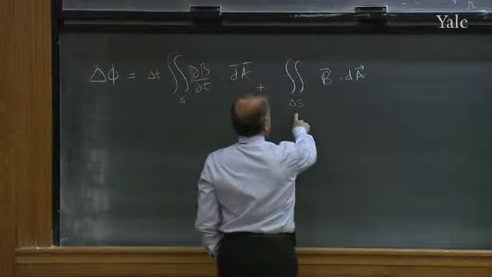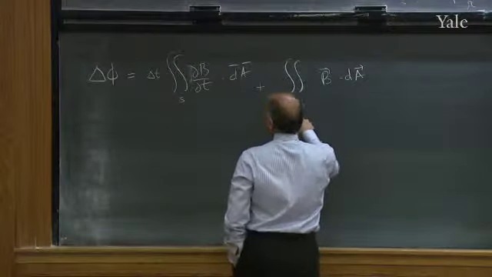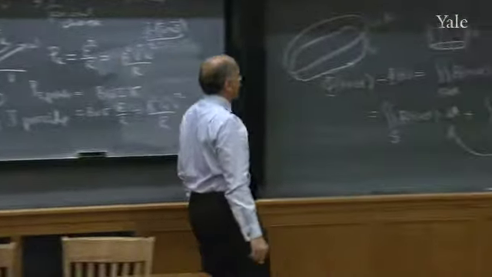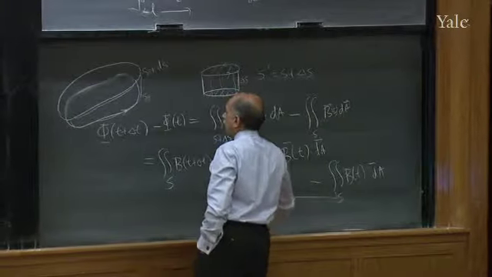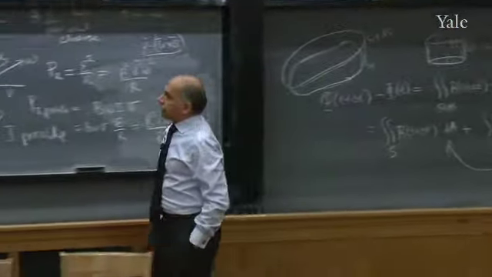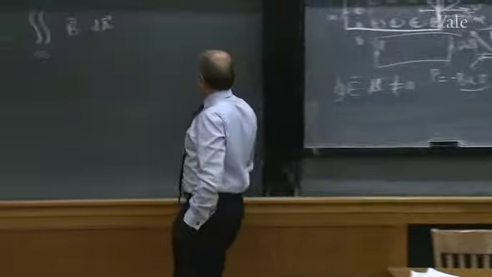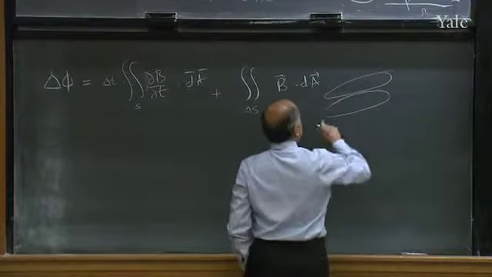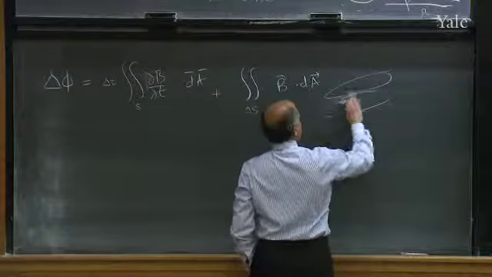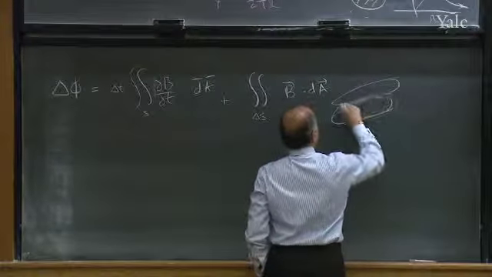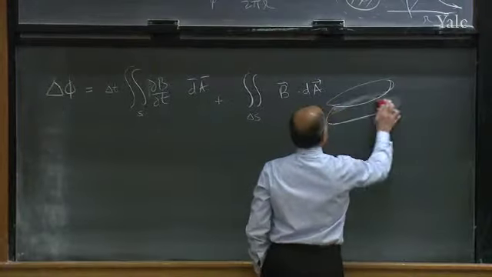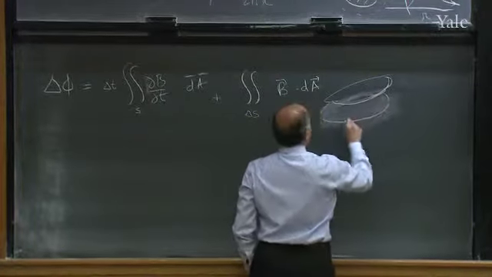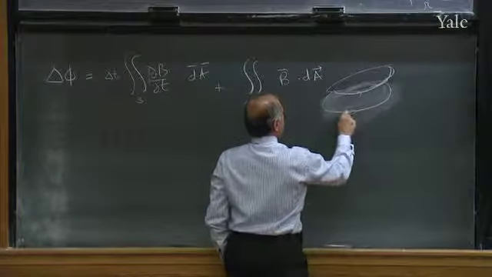Now, what is delta S? Let me see. So I will have to draw the picture like this. Here is one surface. Here's another surface. And I've gone from here to here. I've gone from this loop to this loop in a time delta t.